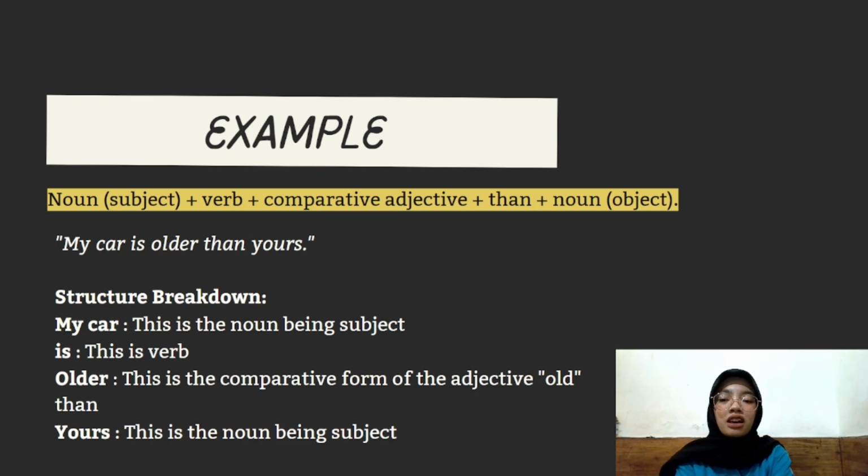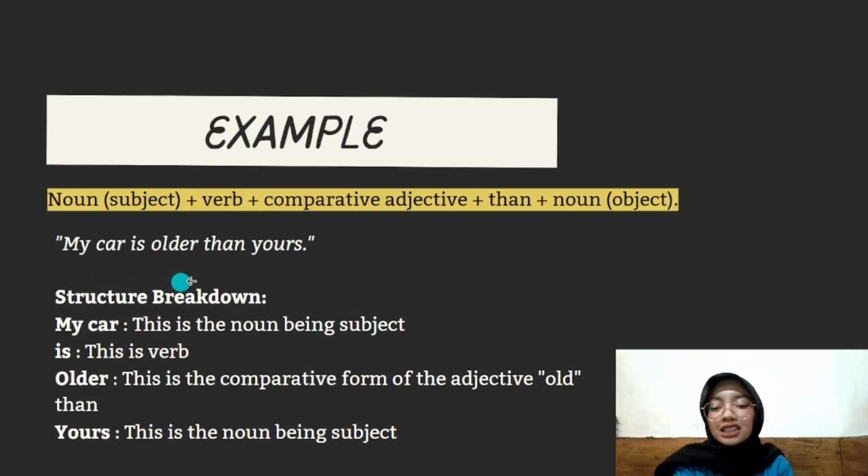So, this is a sentence: My car is older than yours. Remember, the pattern for comparative adjective is subject plus verb plus comparative adjective plus than plus noun as object. Now the breakdown.